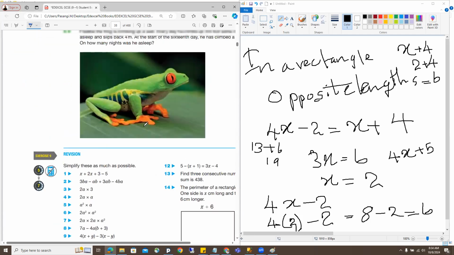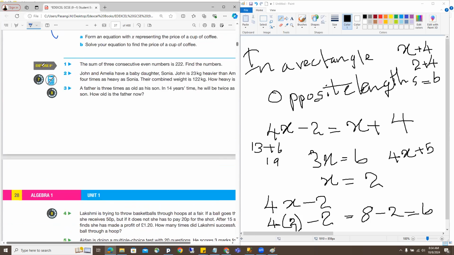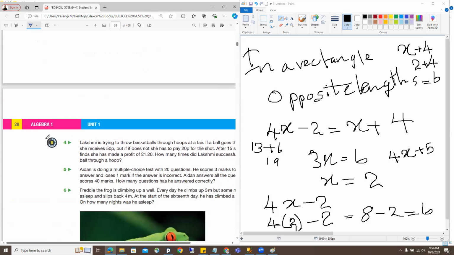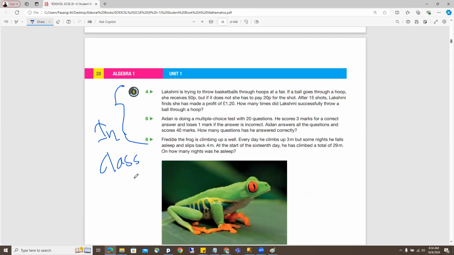And now, in this 8-star exercise, can you do the fourth, fifth, and sixth? It will be a little bit hard, but try to do it. Have you done these ones in school? No, miss. Okay. Try to do fourth, fifth, and sixth.